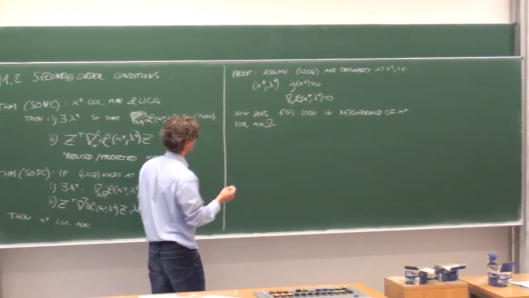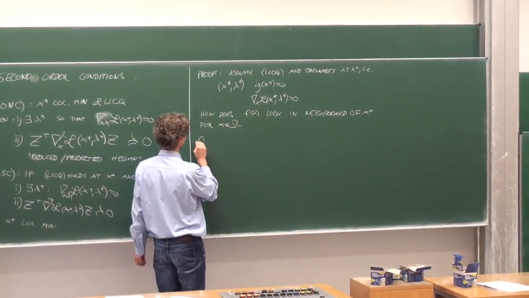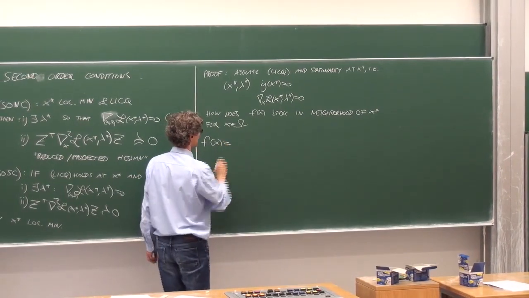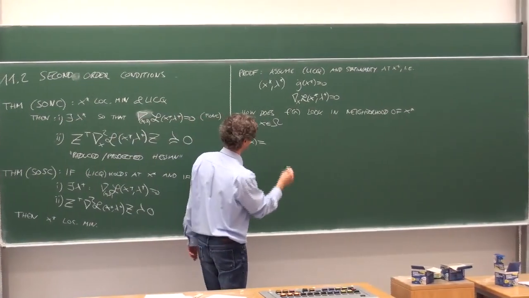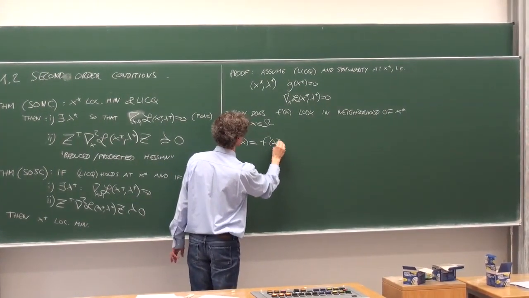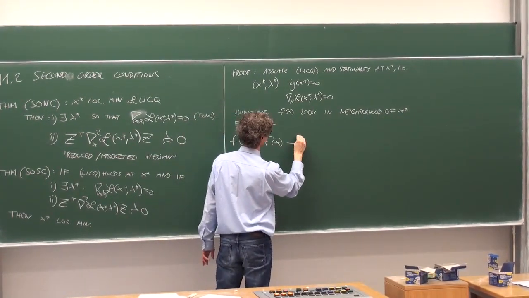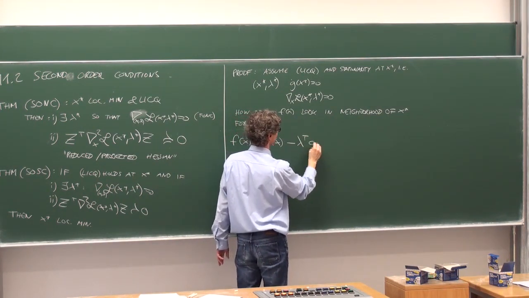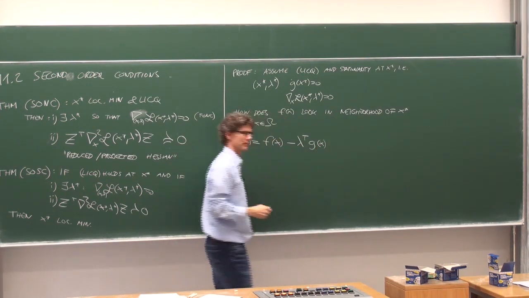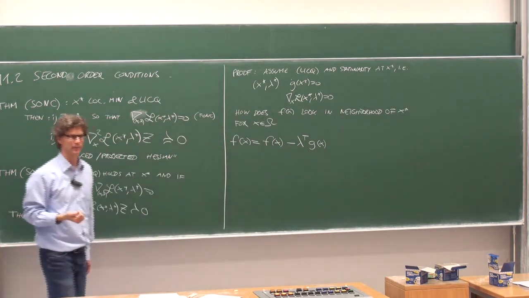And what we do here is a very funny trick. We will just say f of x is given by, I add 0, f of x minus lambda star transpose g of x. Why can I do that?